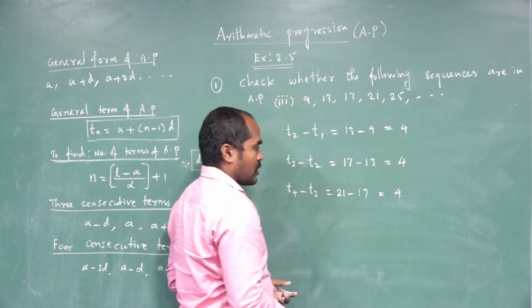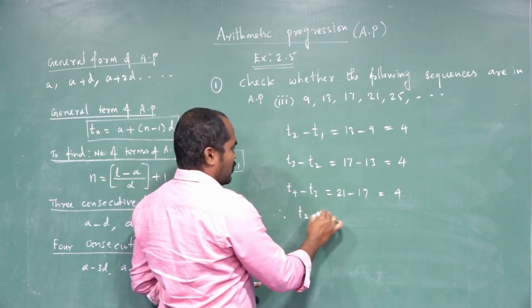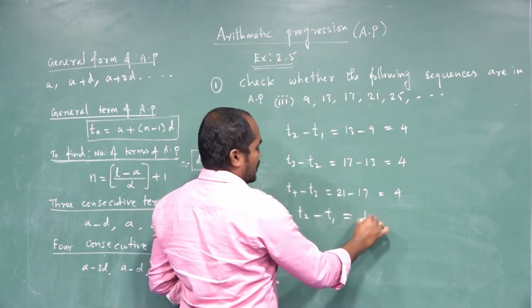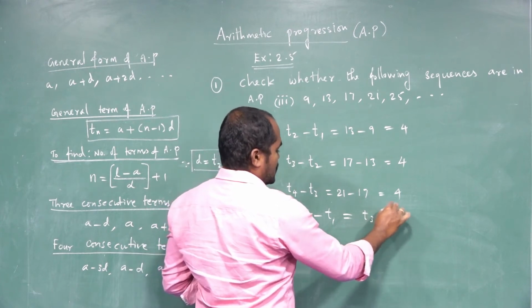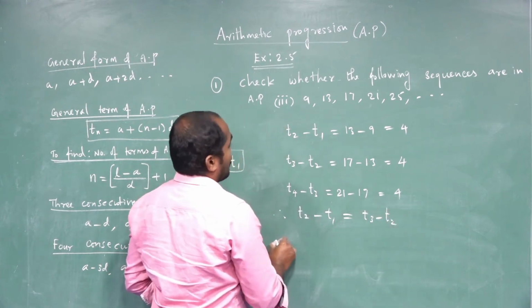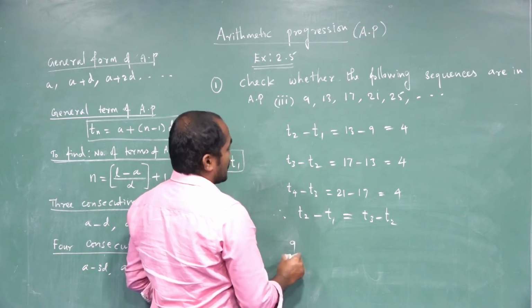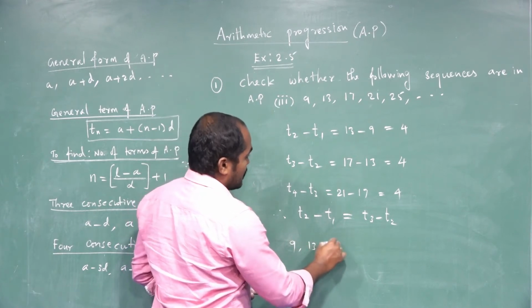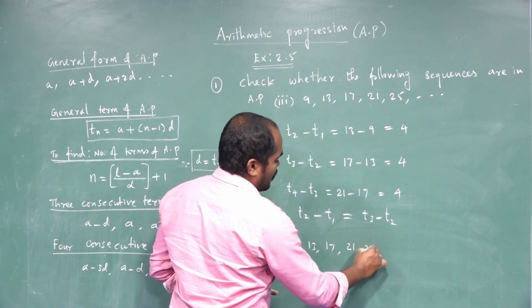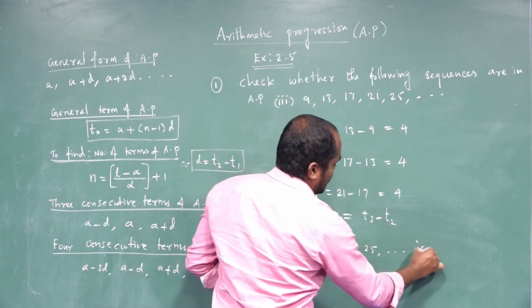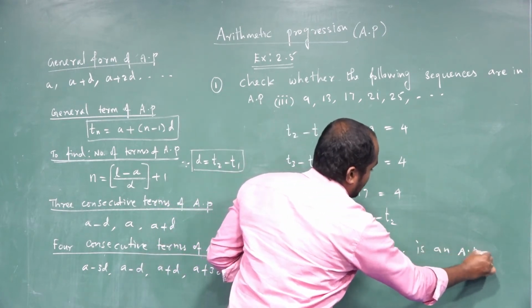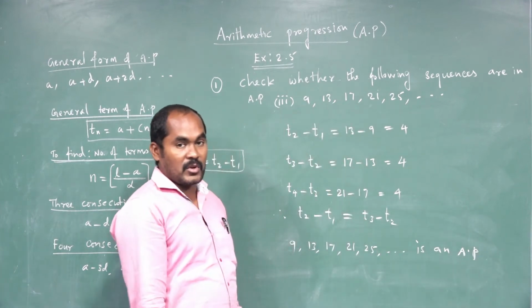That's also 4. Therefore, T2 minus T1 is equal to T3 minus T2. Hence, the given sequence 9, 13, 17, 21, 25, etc. is an arithmetic progression.